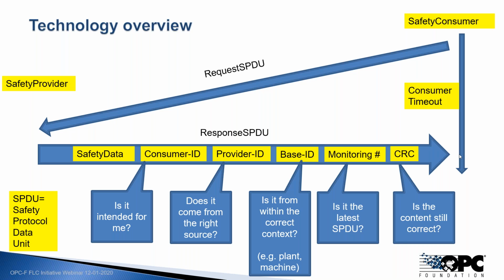If the timer has not run out before the response SPDU is received, we know that the age of the whole data is less than the 10 or the 100 milliseconds. Clearly, this telegram can only be generated after the request SPDU has been received, so the age of this telegram must be within this time. And so I am able to detect unacceptable delay by using this consumer time.